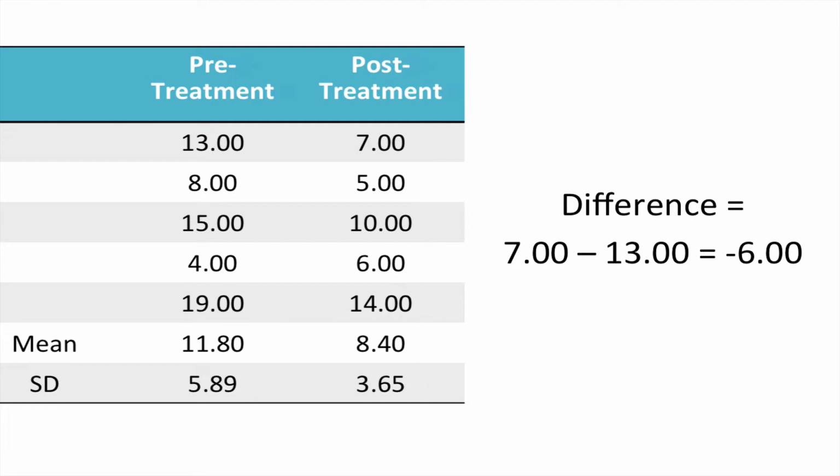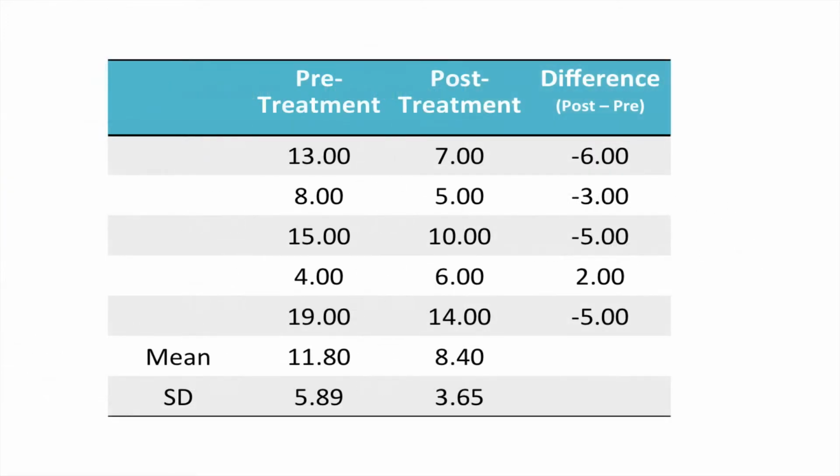It doesn't matter which way we do this, but conceptually I chose to do post-treatment minus pre-treatment because it stands to reason that we'd want to be dealing with minus scores when we're talking about a treatment that reduces depression. So we've calculated the difference, and we do that for all the scores. Here are all the scores.